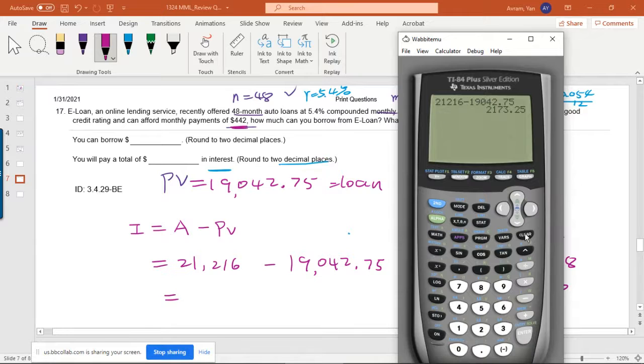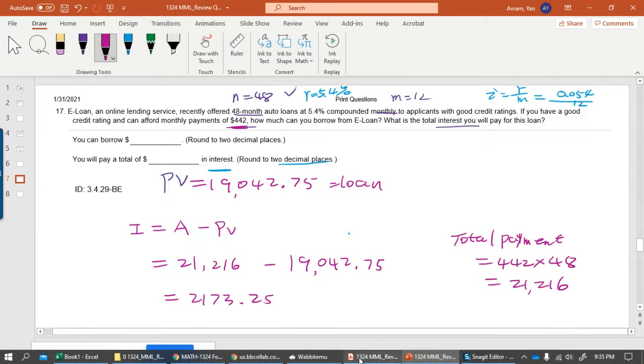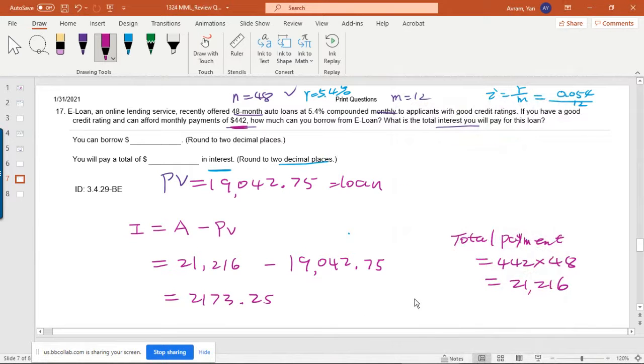You borrow, you pay the interest is $2,173.25. That is your interest payment.